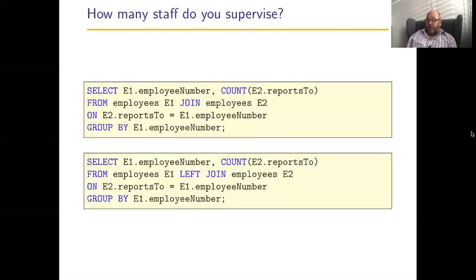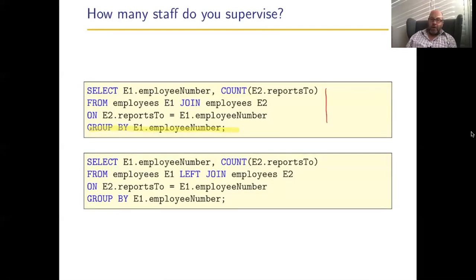So here's an example relating to the classic models database. What I'm wanting to do is to count how many staff the E1 person supervises. Okay, so if you unpack what this sentence does, it forms groups according to employee number E1. So E1 is one copy of the table employees.